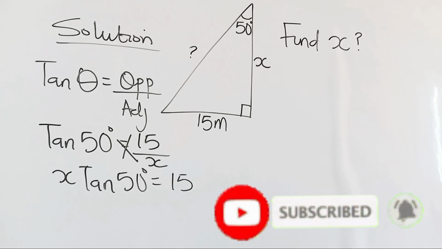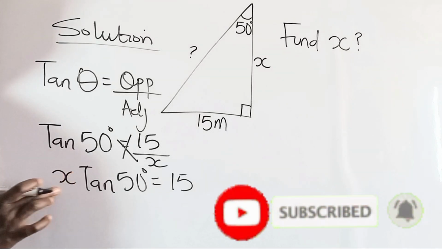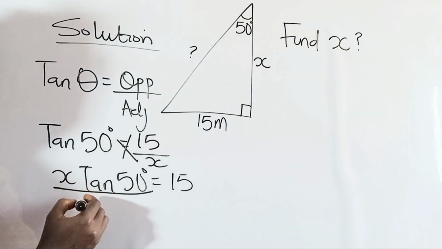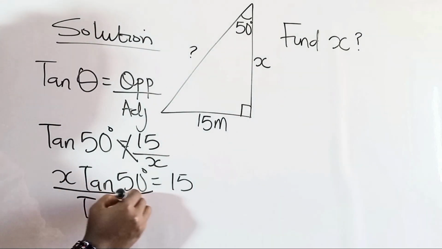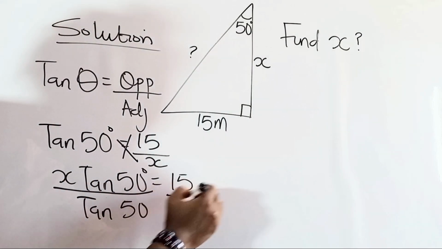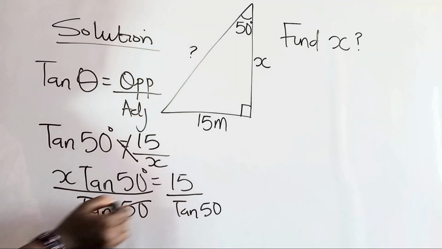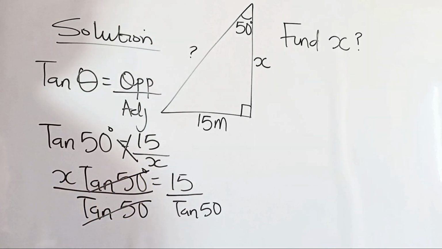Okay, so for us to simplify further and make x stand on its own, we divide both sides of the equation by tan 50. So we cancel out the tan 50, and we have x equals 15 over tan 50.